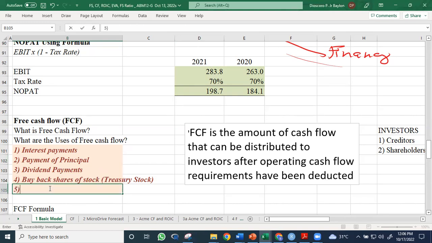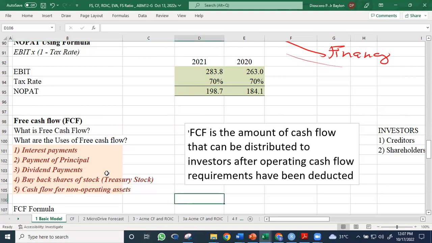And number 5, ano pa? Anyone, class? Ito yung mga cash flow for non-operating assets.